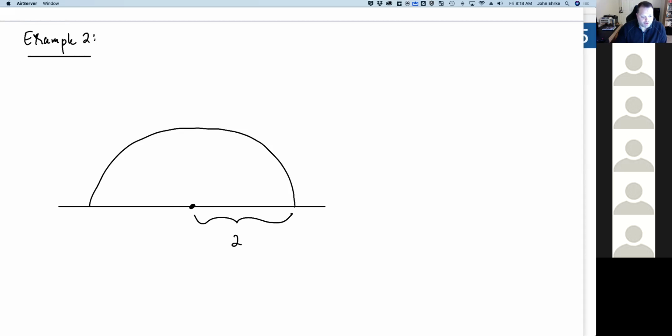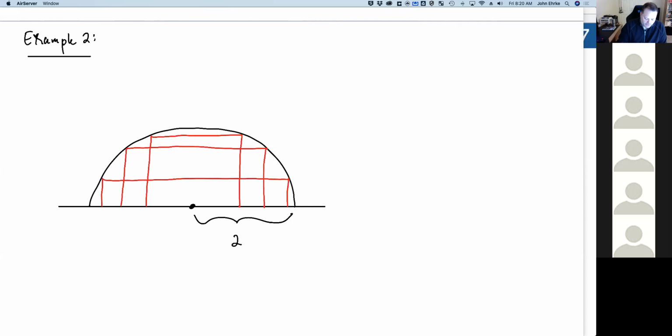We could give it whatever units we wanted to, but semicircle of radius 2. And the goal of this problem is to fit a rectangle inside that semicircle. So for example, I could put a rectangle that goes here. Or maybe I could put a rectangle that goes here. Inscribed simply means that it must fit within the semicircle. I could make another rectangle that goes here.